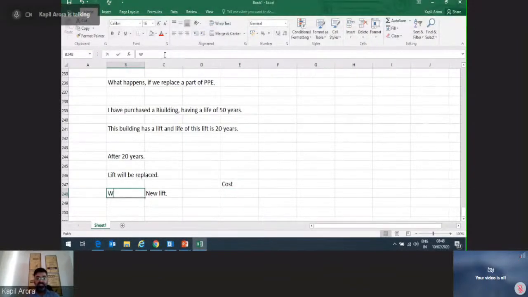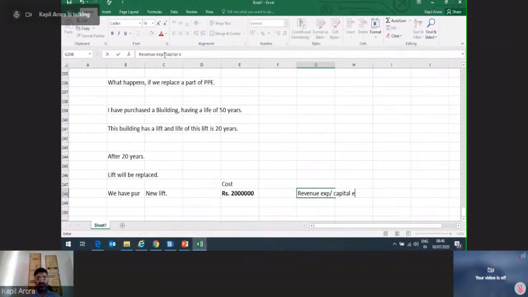So we have purchased a new lift for rupees 20 lakhs. Now what to do with this 20 lakh? Will it be a revenue expenditure or capital expenditure?